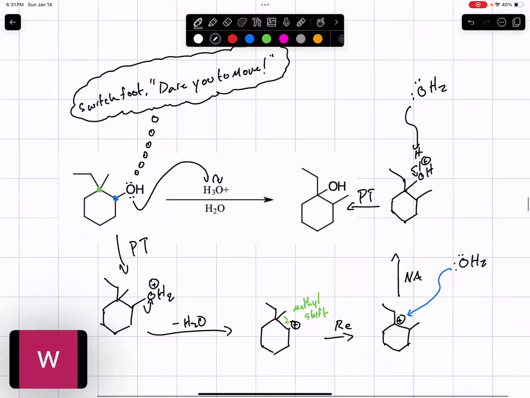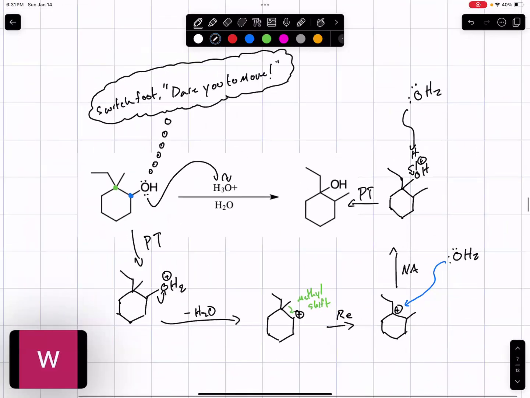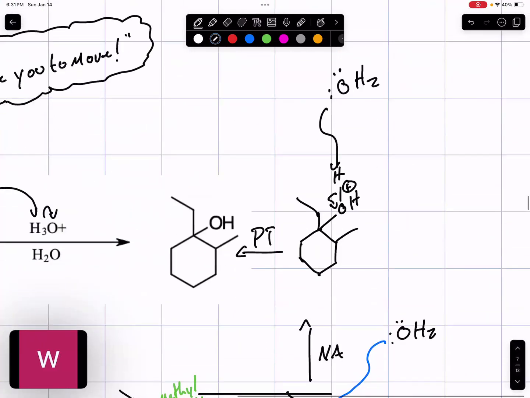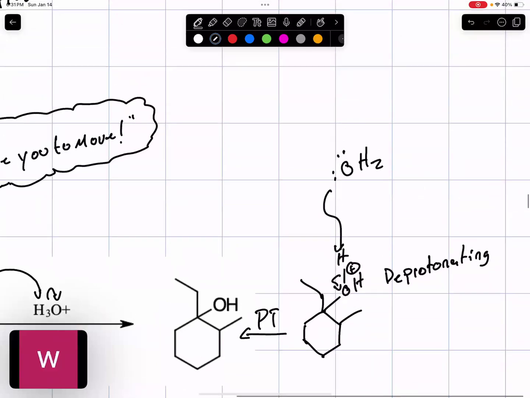I can't hear you. You can repeat your question, please. Was that meaning deprotonating? Yeah, so either protonating or deprotonating is considered proton transfer. Here, what's happening is that you're deprotonating water, right? But you're protonating this water molecule.